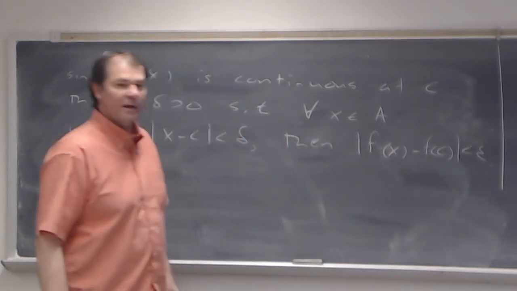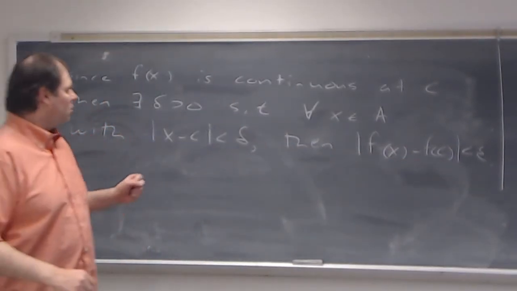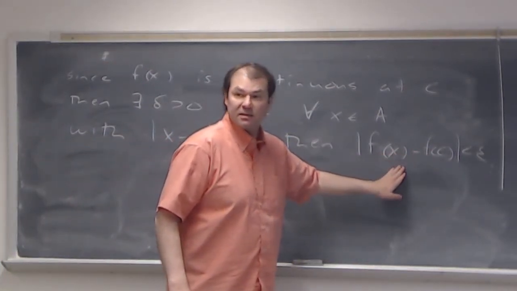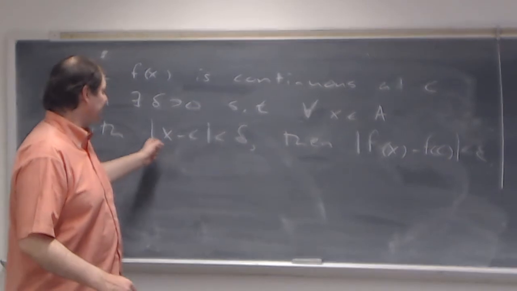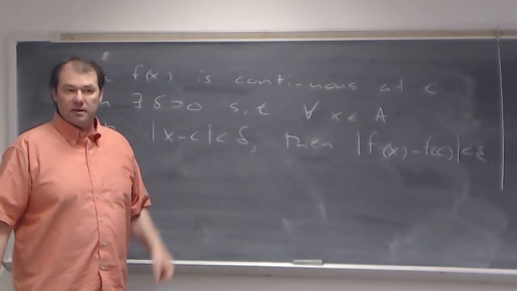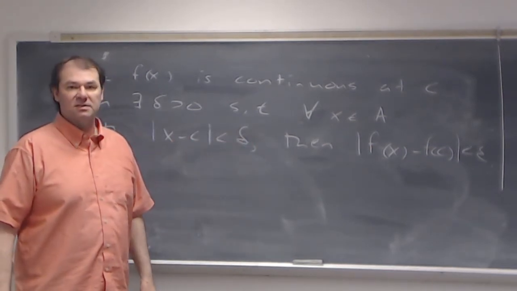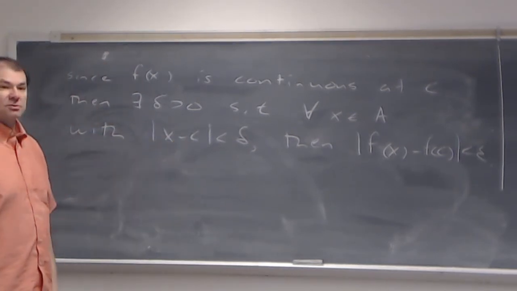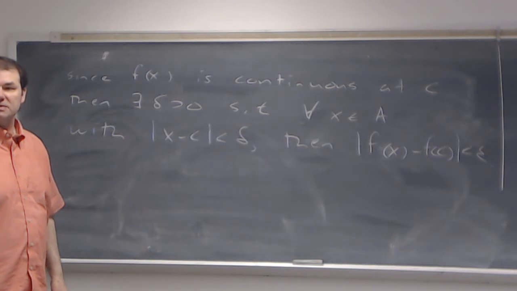What are the output values that I want to be close to f of c? They are f of x sub n. So if I could get the x sub n's to be really close to c, the output values will be really close to f of c. How can I make the input values x sub n really close to c? They're going to get really close to c because x sub n converges to c.